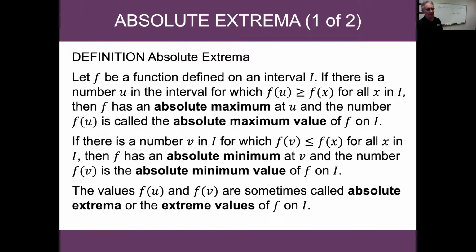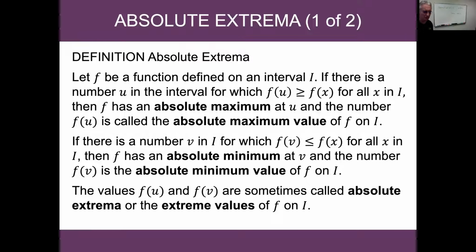And going the other direction, if there's a number v, they chose a different letter there, v instead of u, in the interval for which f(v) is less than or equal to f(x) for all x in the interval, then f has an absolute minimum value at v, and the number f(v) is the absolute minimum value of the function.